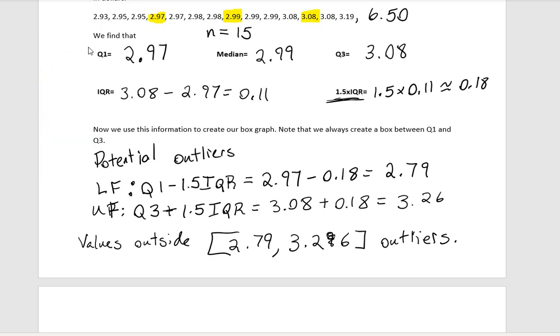First off, do we have any values that are lower than 2.79? We don't. Our lowest value is 2.93. And if we go through our data, do we have any numbers that are bigger than 3.26? Well, we do. We kind of created an artificial one. It's this one. So that means that we're going to treat 6.5 as our potential outlier.